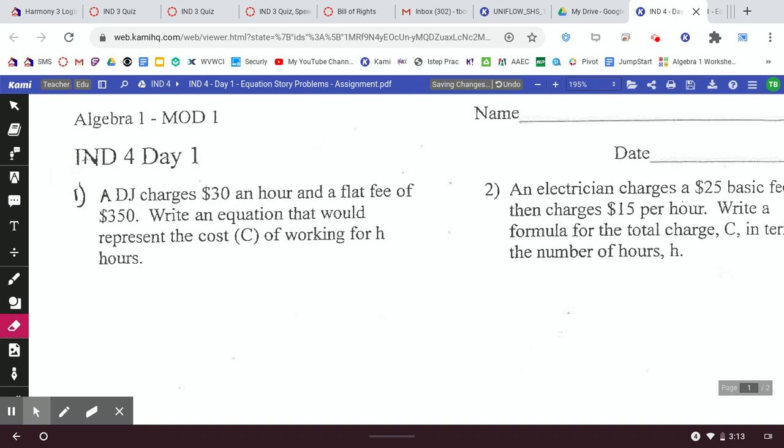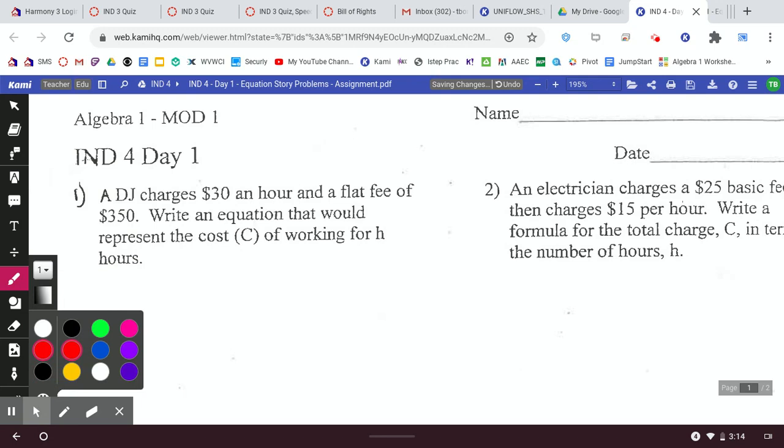A DJ charges $30 an hour and a flat fee of $350. Write an equation that would represent the cost C of working for H hours. So in this, we know a couple of things. The first thing we know is that they want us to use C, capital C, for the total cost. And then also they want us to use H to represent hours.